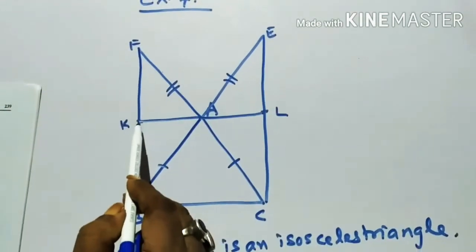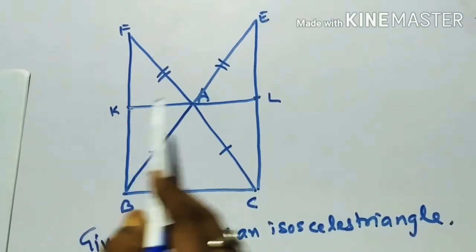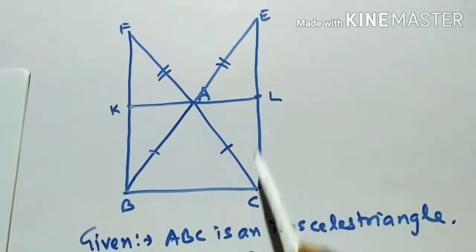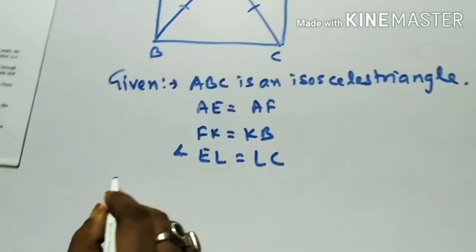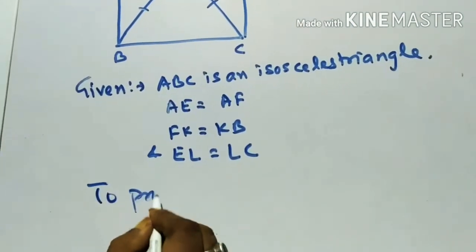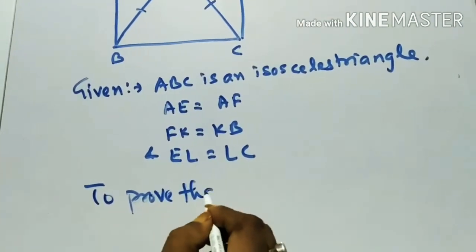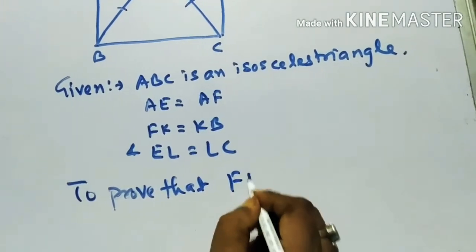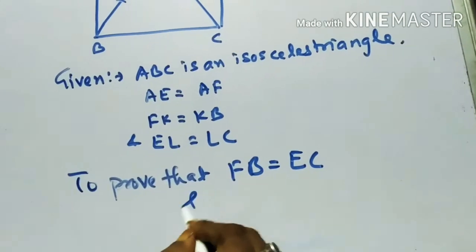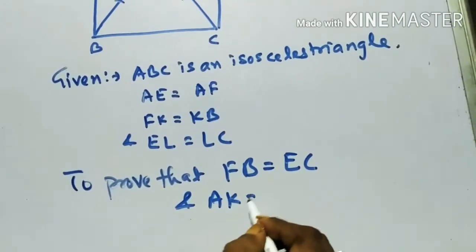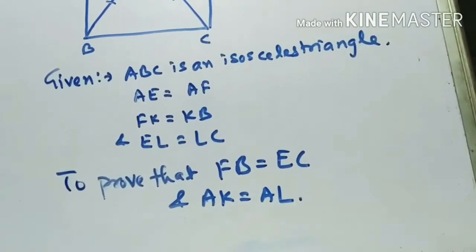FK is equal to KB, since K is the midpoint, and EL is equal to LC, since L is the midpoint. To prove that FB is equal to EC and AK is equal to AL.